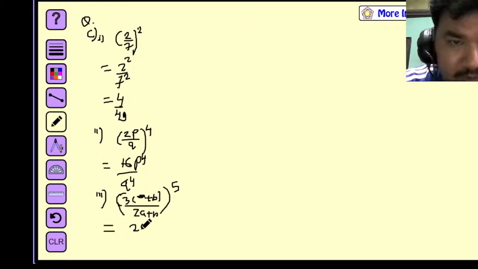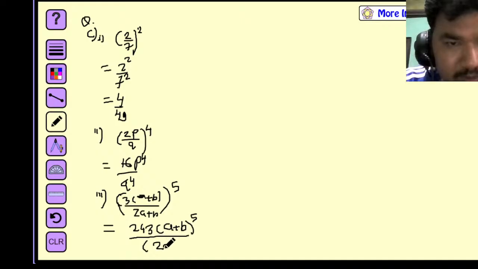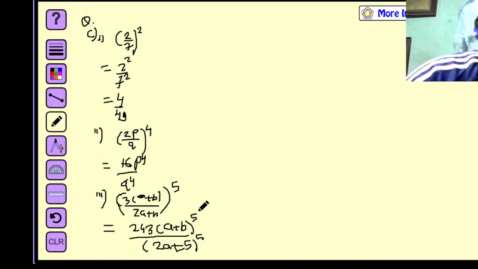It comes here 243, and the bracket will be right here. It will be here (a plus b) power, its power also 5, right? And down also there is (2a plus b) also has power 5. Like this you have to solve it, right?